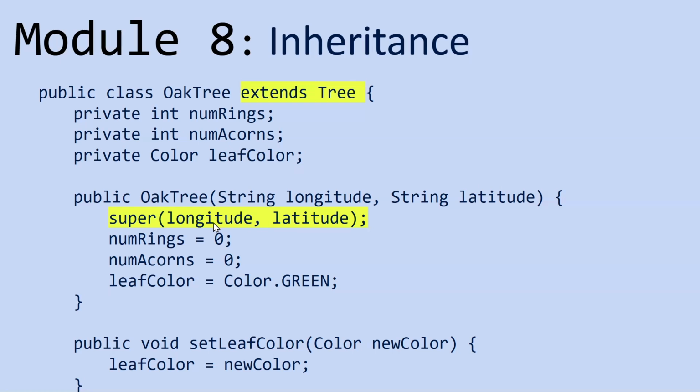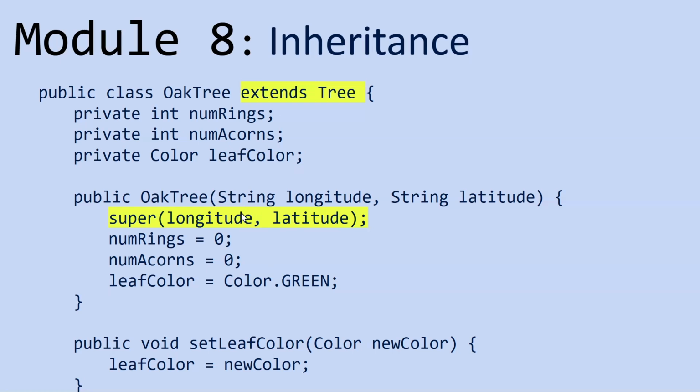Inside, I like to make the first thing you do in a subclass constructor a call to the super constructor for the superclass. So you just write the word super, and then you have to have the same parameters here that the superclass's constructor takes. It takes longitude, then latitude, so we just put that here. And I think I switched longitude and latitude, but okay.